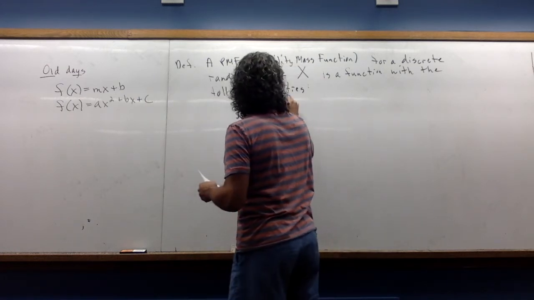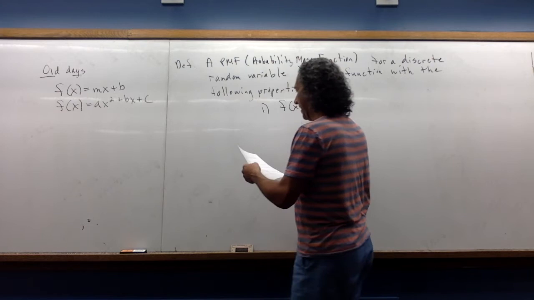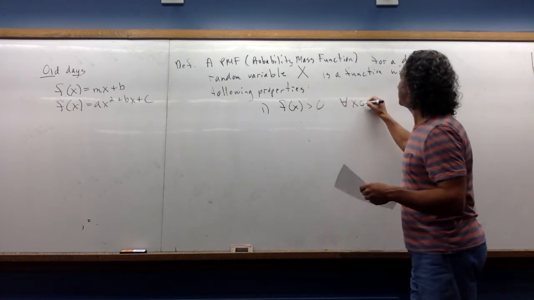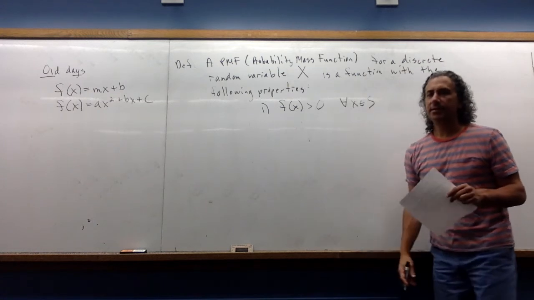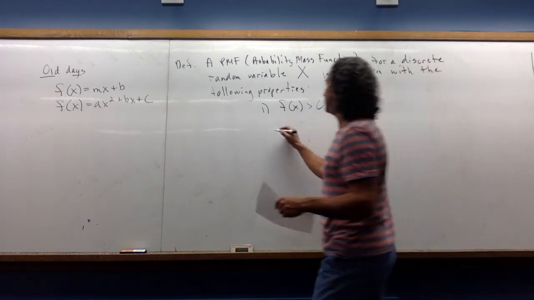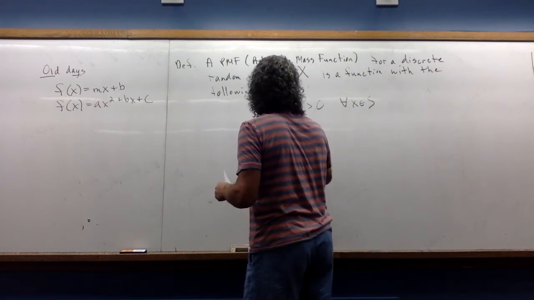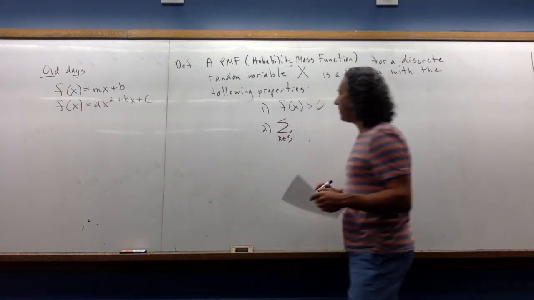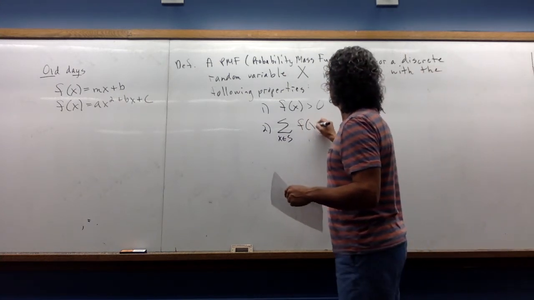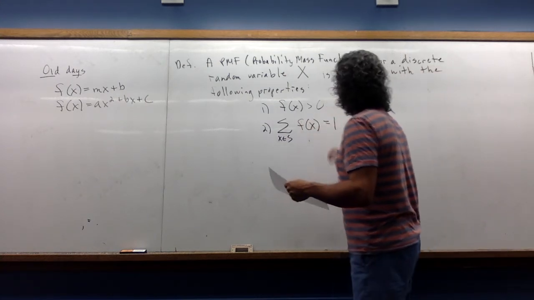First off, f of little x has to be greater than 0 for all x in the sample space. So the outputs of my function have to be positive. Second, if I sum over all x's in the sample space, then I get 1.